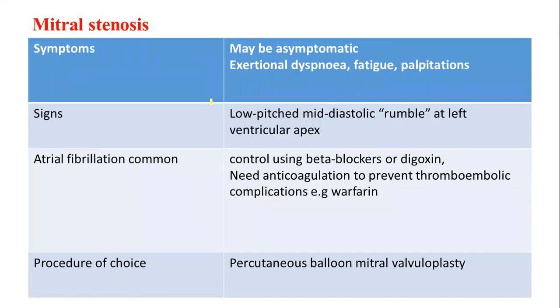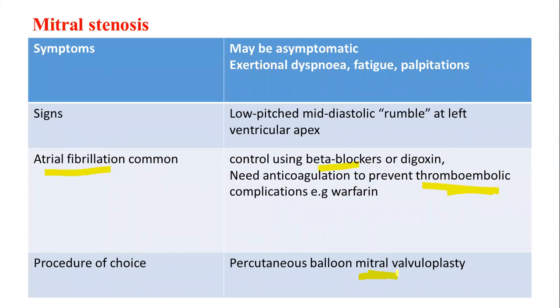Then in case of stenosis, those are some of the complications. In case of stenosis, atrial fibrillation is very common. So maybe we can use drugs to control the rate, and drugs to control the risk of thromboembolism, such as warfarin. Valvular replacement can also be considered in severe conditions.